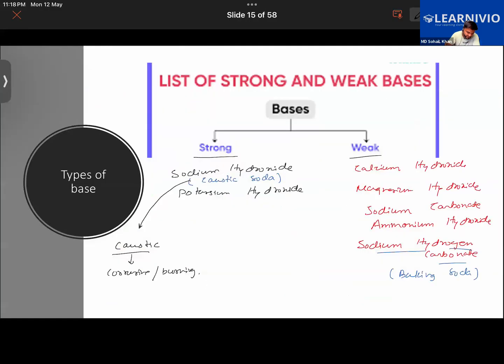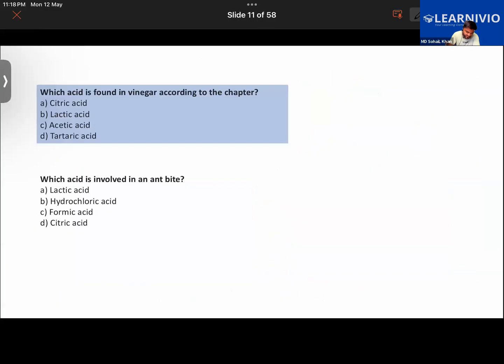From the topic acid, let's do these questions. Answer these questions. Sir, for the first one, it is acetic. Sir, for the second question, formic acid.